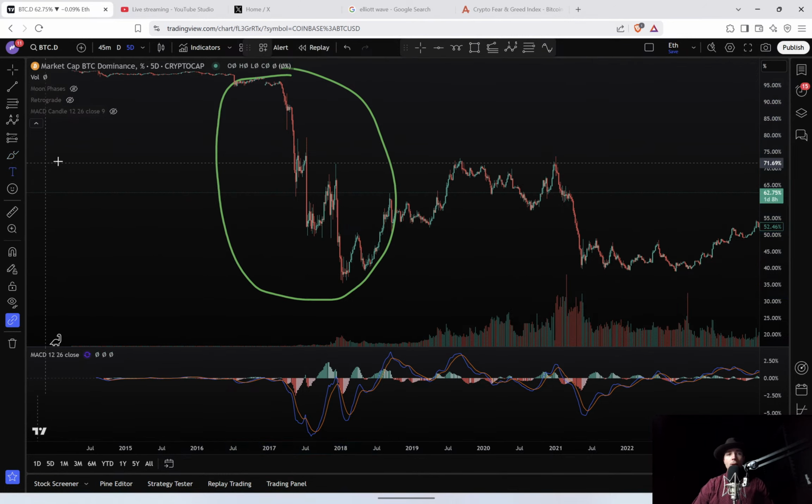So you're talking about some of the altcoins doing like 100x in value during this period right here. And Bitcoin went from being worth 1,000 to 20,000, so it did 20x. But a lot of the altcoins did like 50x, 100x in value during this move right here.